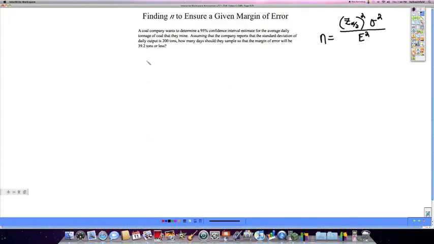So we'll use z equals 1.96. Then we know that our coal tonnage has a standard deviation of 200 tons.